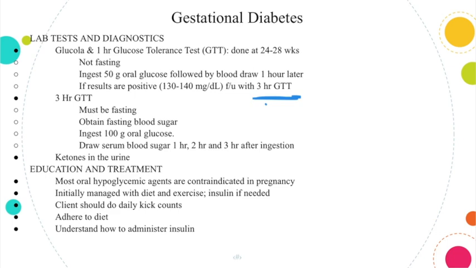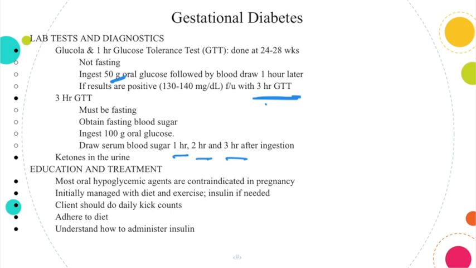They're going to get their blood sugar tested, and they're going to drink more. On the 1 hour GTT, it was only 50 grams. For a 3-hour, it's 100 grams. And then they're going to draw the person's blood sugar 1 hour, 2 hours, and 3 hours after ingestion. All right. And then if that's positive, then that is the diagnostic that they have gestational diabetes. Also, they will be spilling ketones into their urine.